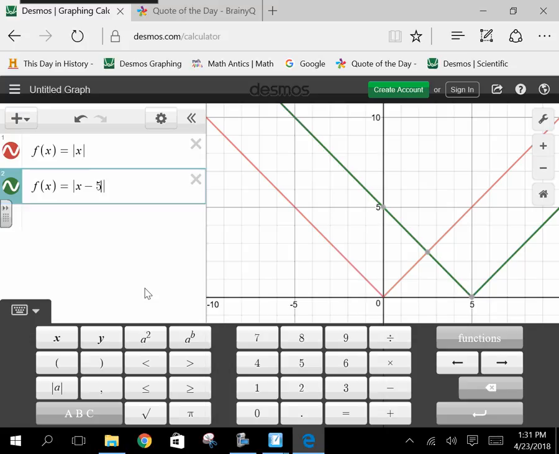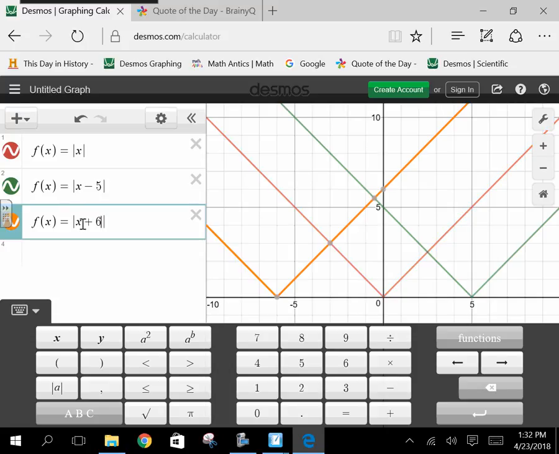Give me your favorite number. Watch this. Let's have another child, but we're going to pick Gonzalez's favorite number, f of x plus 6. There's your child, Gonzalez, in orange.